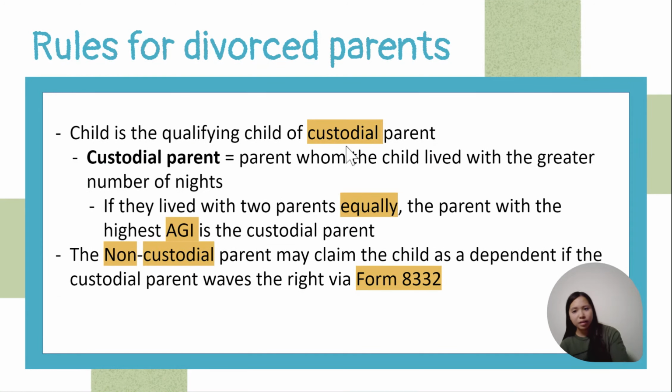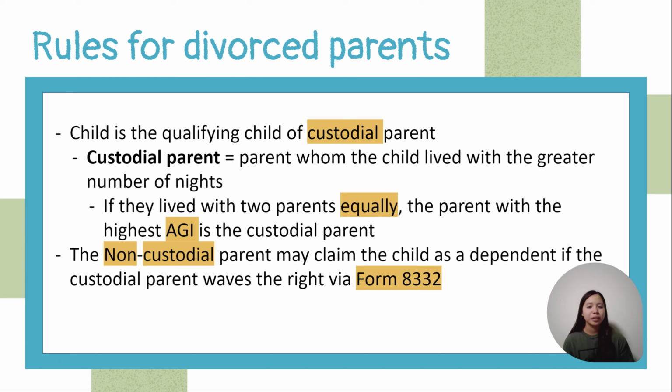And like I said, these are rules for divorced parents. If the child is the qualifying child of the custodial parent, and the custodial parent is basically the parent whom the child lived with the greater number of nights. So if the mom took the child for 7 months of the year, and the father took the child for 5 months of the year, then the custodial parent would be the mother because she took the child for 7 months, meaning more time.